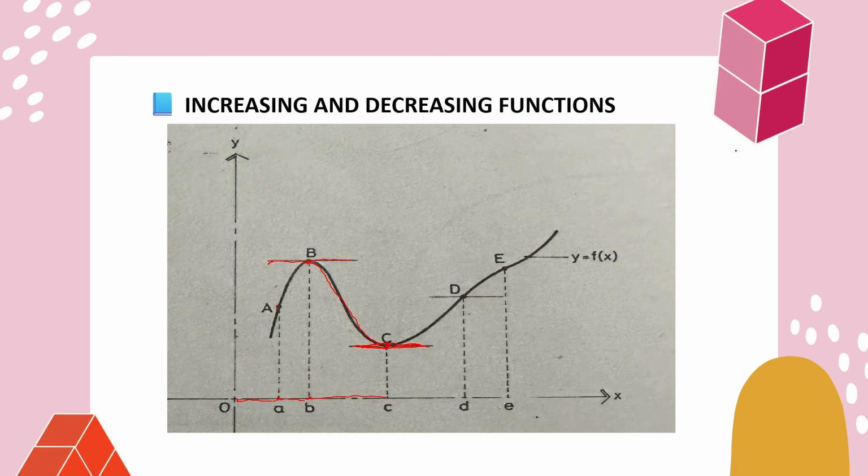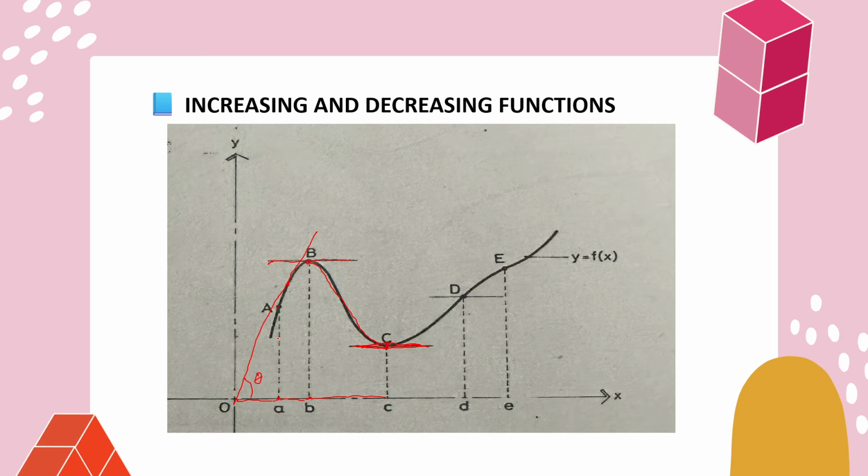Up to E. So if we recall the angle between two curves or the angle between two lines, if we make a tangent out of this one, we are going to create an angle, which is an acute angle.